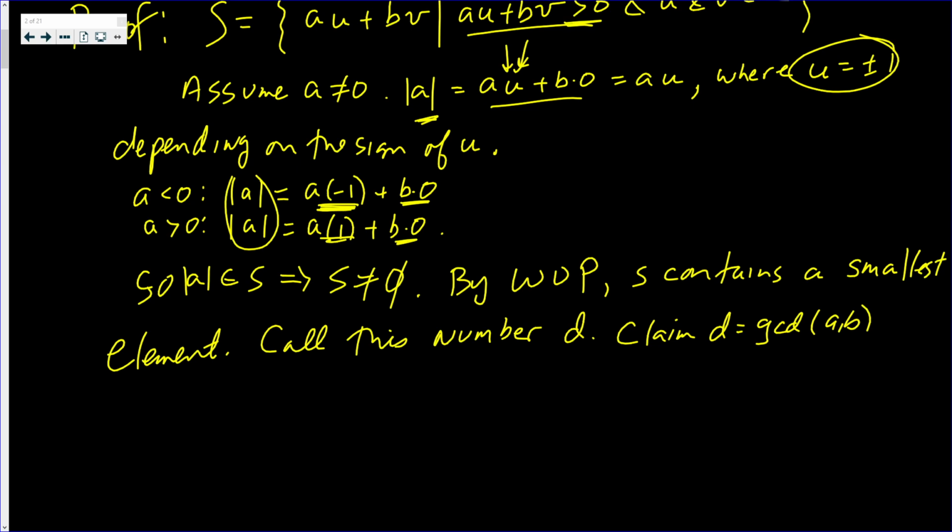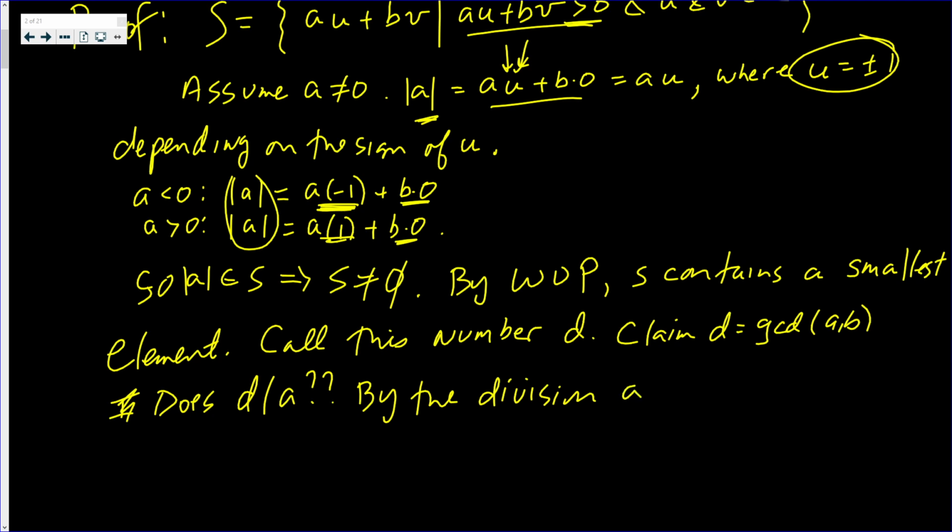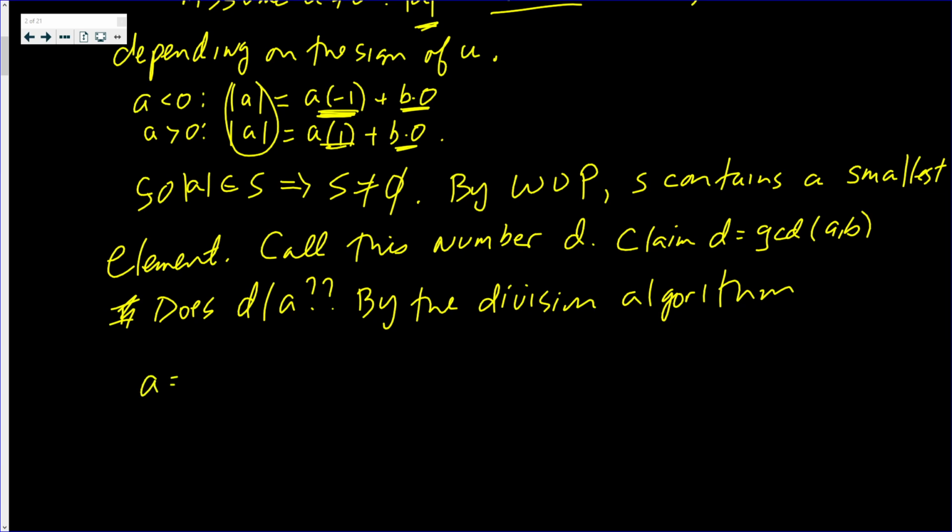I need to show that D is a common divisor of A and B, and then I need to show that it's the greatest one. Well, does D divide A?